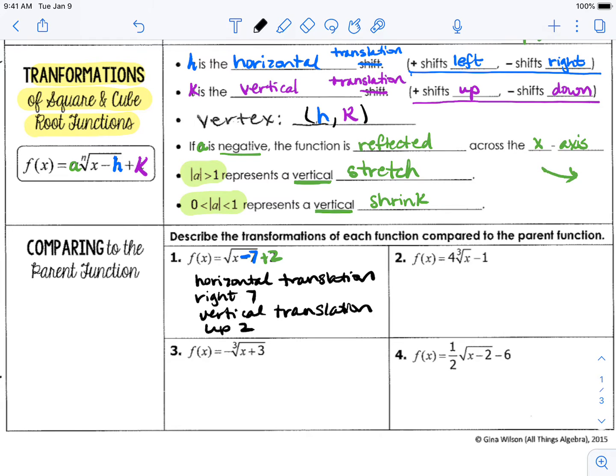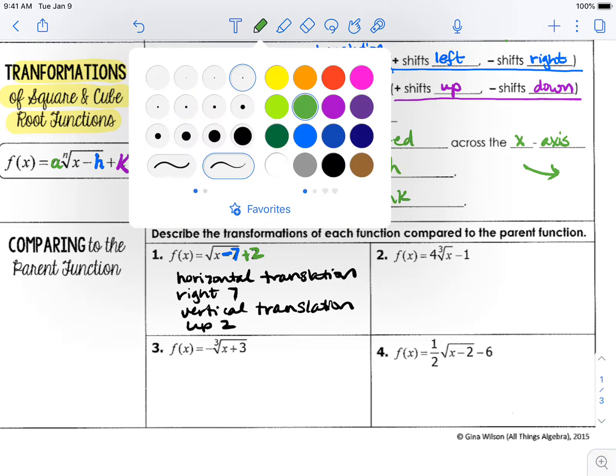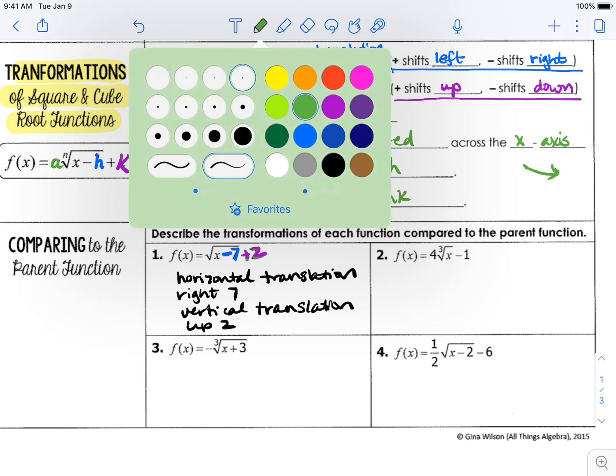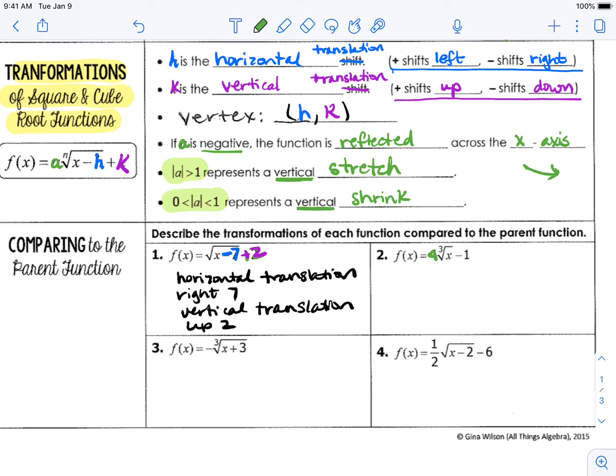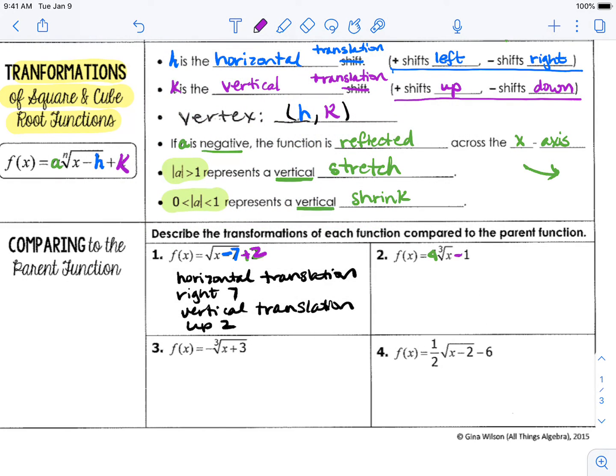When I'm looking at number 2, I've got an A. My A is 4, and my K is -1.